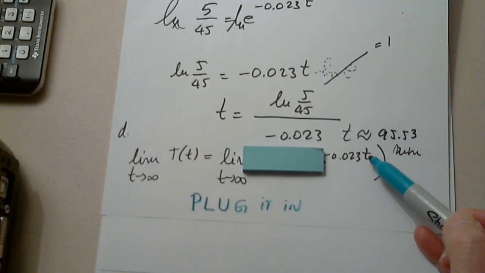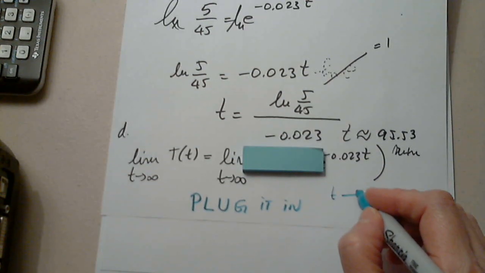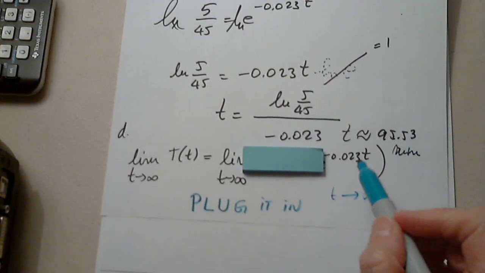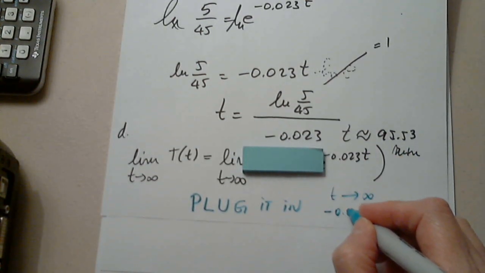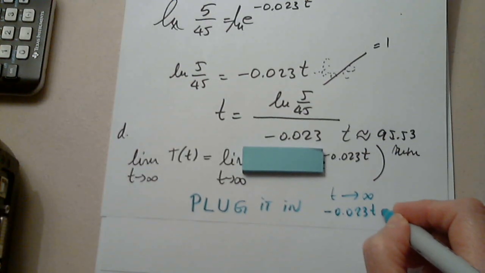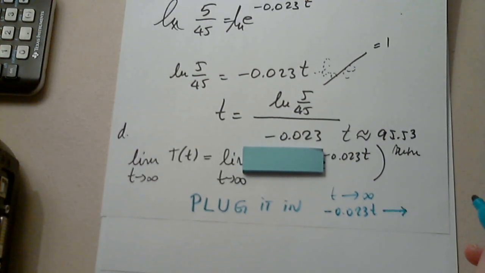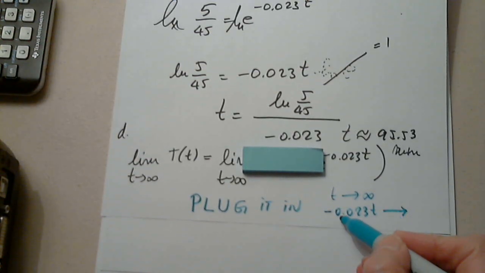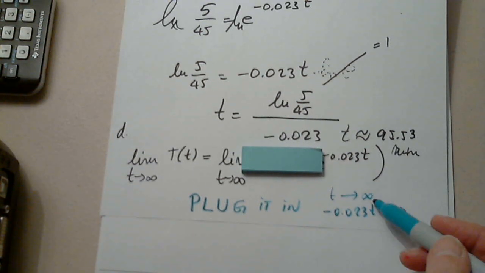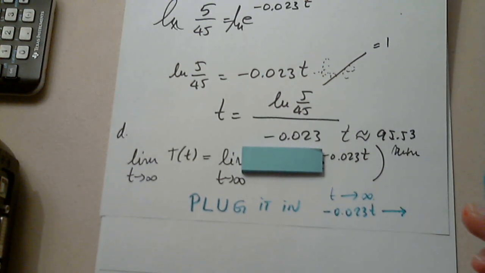When t approaches infinity, where does negative 0.023 t go? What does it approach? When t approaches infinity, and I multiply it by a negative number. So infinity times a negative number, even if it's a small number, this infinity goes on forever.